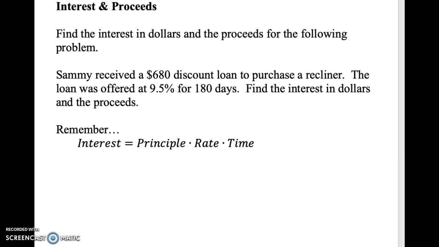Okay, so first we need to figure out the interest. And the interest is equal to the principal times the rate times the time. Now, what are those things? Well, the principal in your problem is your starting amount.